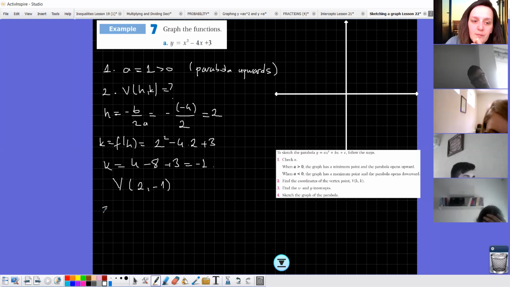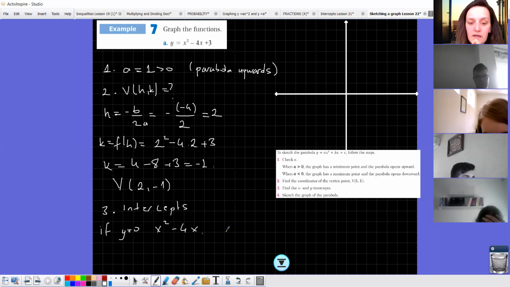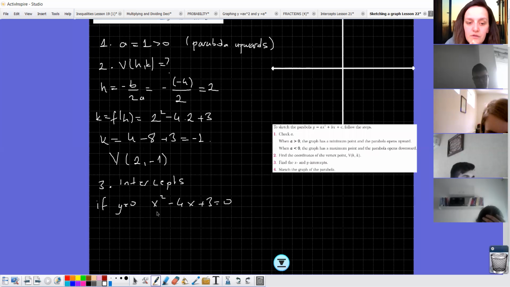And the third step, intercepts. If y is equal to 0, what do we have? x squared minus 4x plus 3 is equal to 0. Then here I need to find the x values. And we can factorize them with x minus 3 and x minus 1.